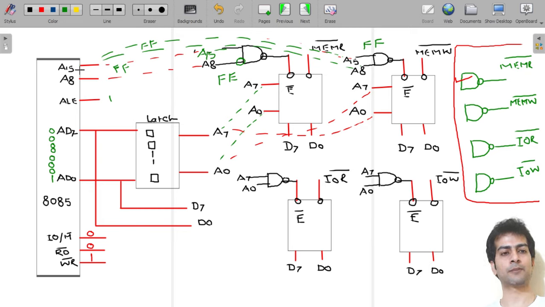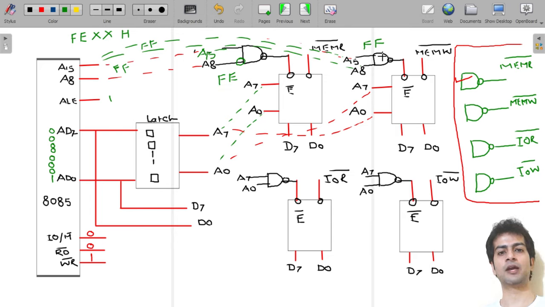Now for the microprocessor, whose higher order address bus is connected to both through hardwiring, while interfacing, if we want to interface with memory location FE, let the lower byte be anything, then this memory will get activated and this memory will not be activated, because my higher order address is different.